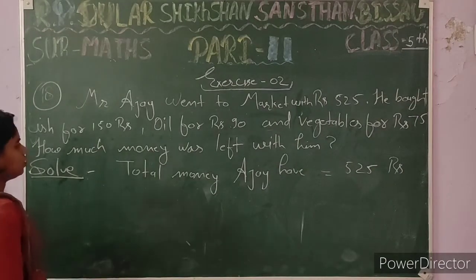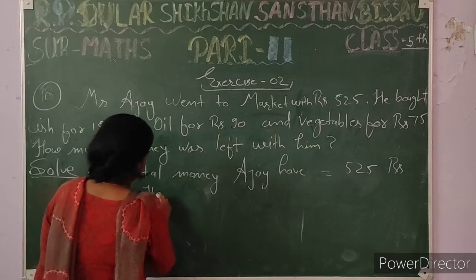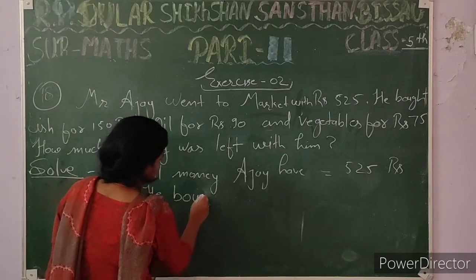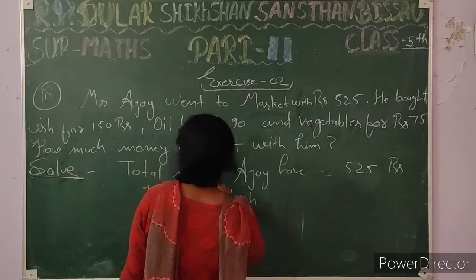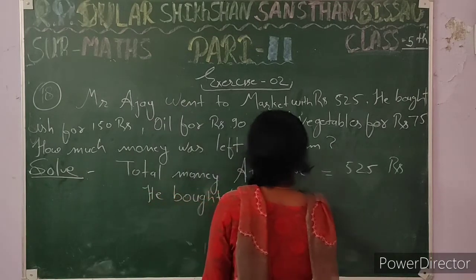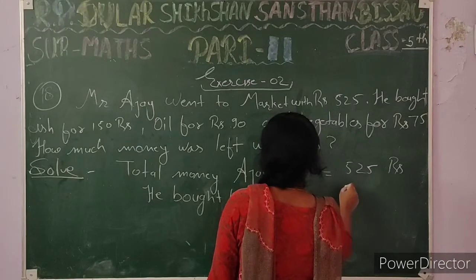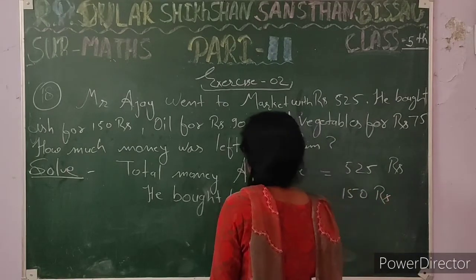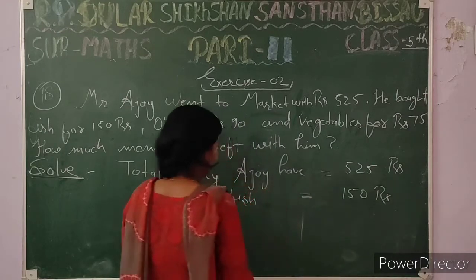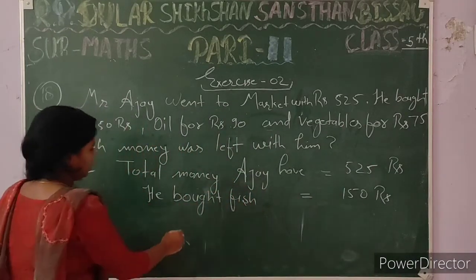Then he bought fish is equals to 150 rupees. Okay, then oil.